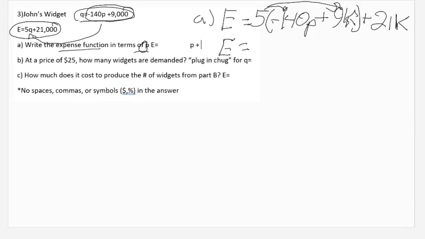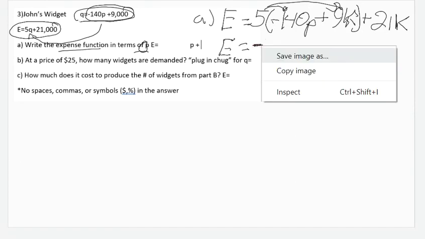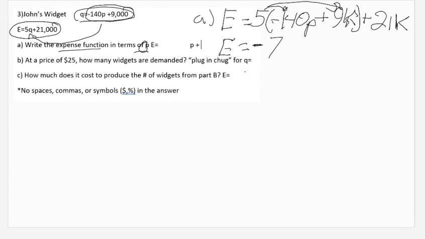Remember, keep track of that negative sign, so it's going to be negative 700P, plus 5 times 9 is 45.